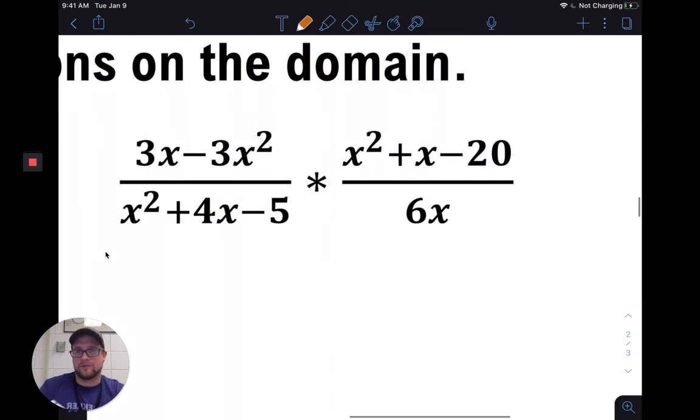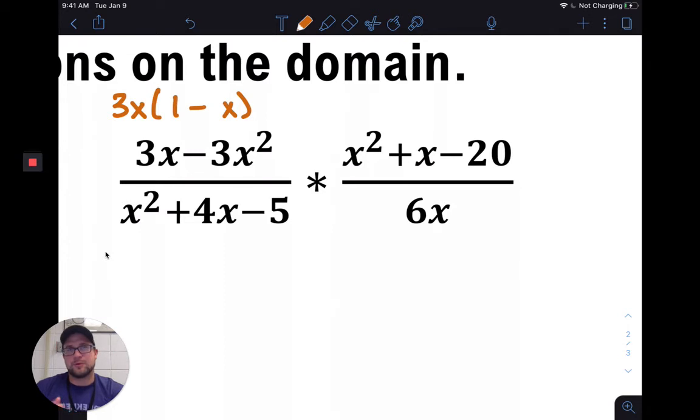Let's take a look at another one of those. Again, factoring first is our key to success here. Out of this first one, this one's unique. Let's see if we notice something. If I pull a 3x out of this, as the greatest common factor, I would be left with 1 minus x. Oh, we're good. I thought we were going to have a difference of perfect squares where we'd have to flip it around by pulling a negative, but it doesn't appear that way.